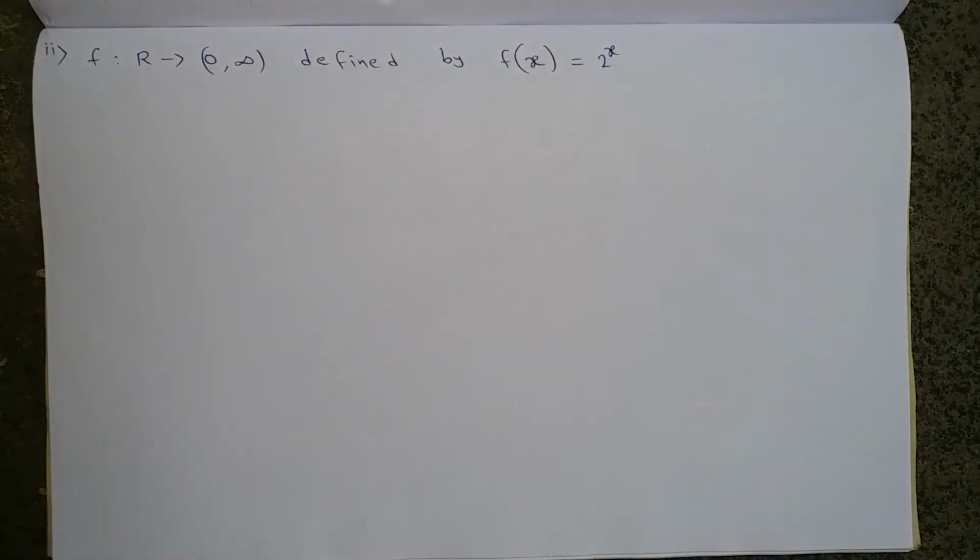Okay, let's move to the next question. F is a function from R to (0, infinity) defined by f of x is equal to 2 power x. So first let us check whether it is one-one function or not.